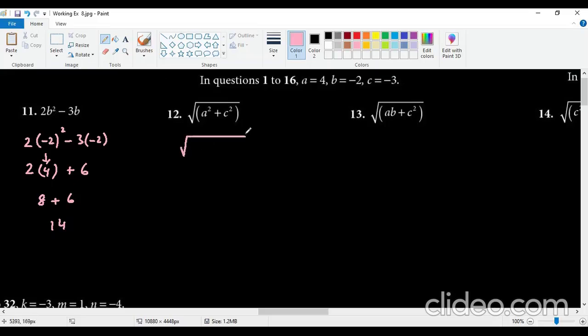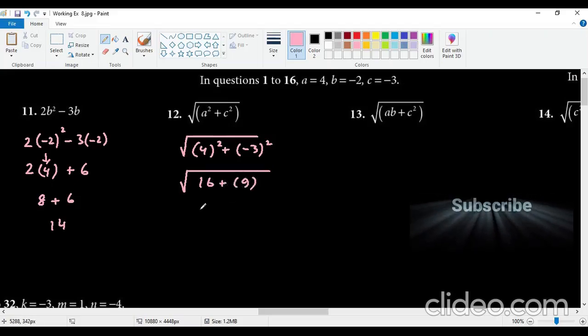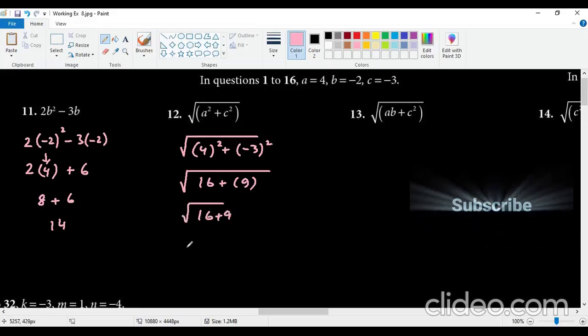Now this time it's under the root, so I will be making something like this, and a value is 4, 4 squared, plus c is 9, which you get by multiplying minus 3 by itself. So this is going to give you 16 plus positive 9, which is 25.